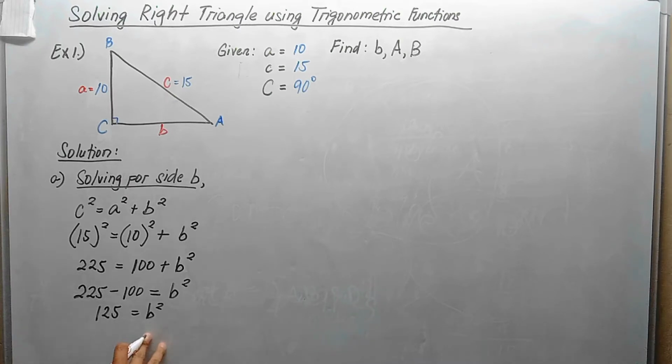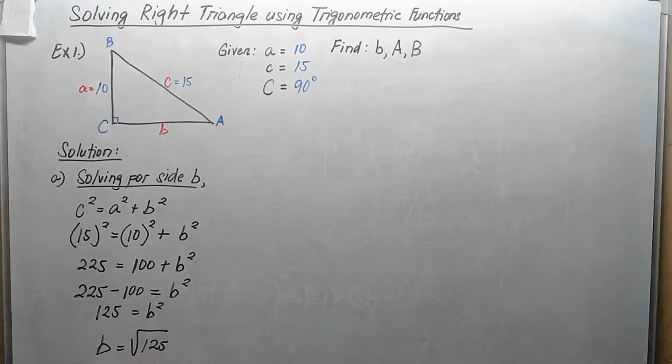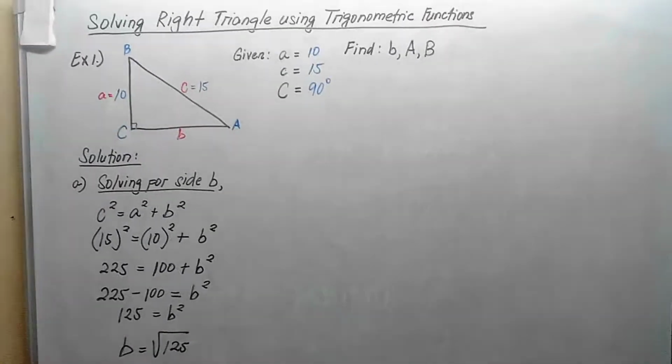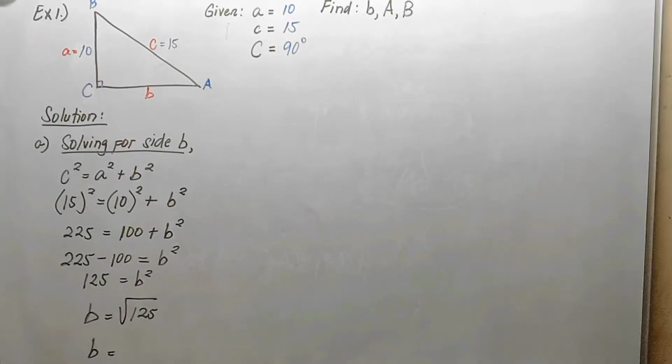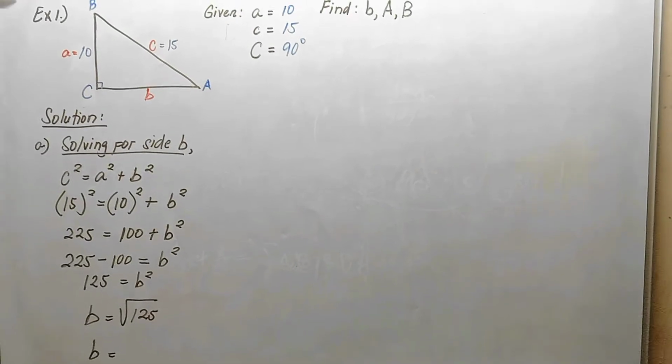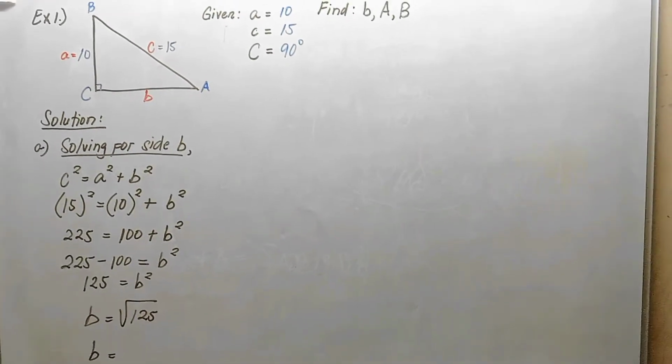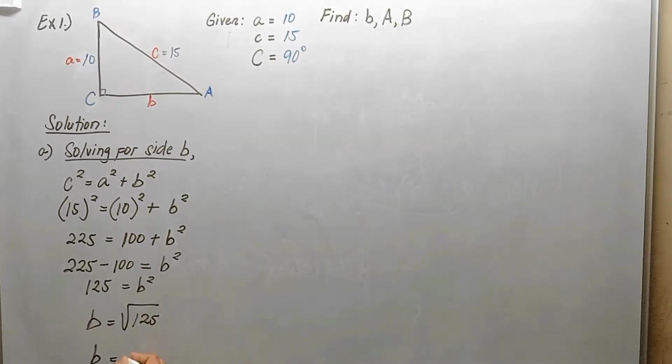So B is equal to the square root of 125. How much is the square root of 125? Equal to 11.18.